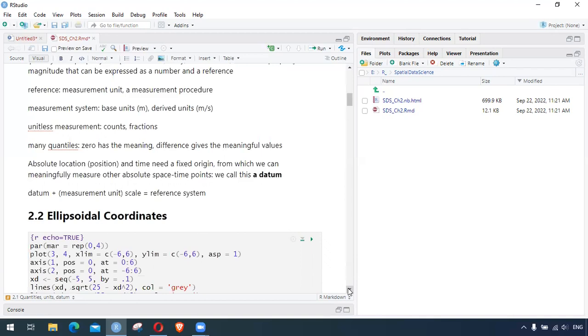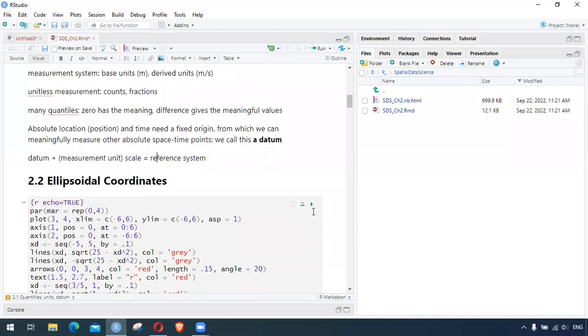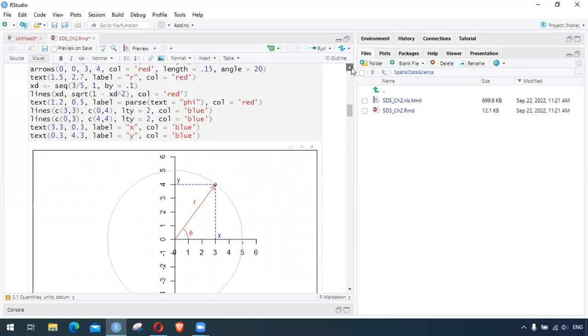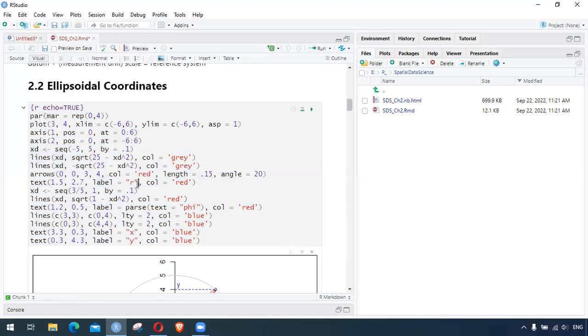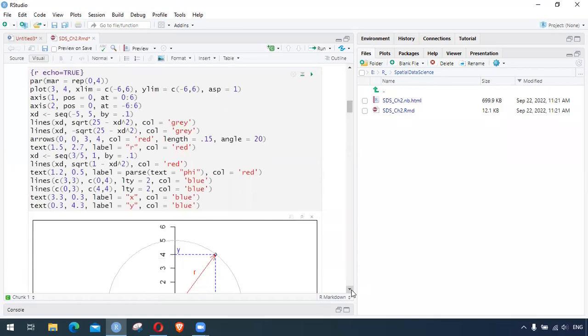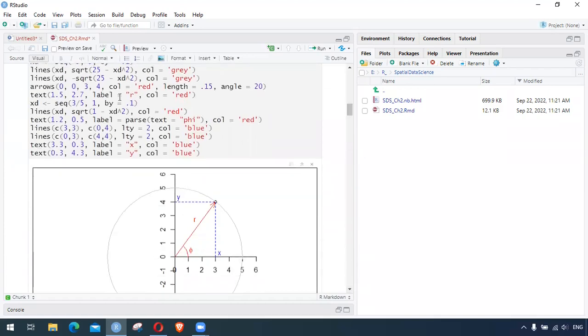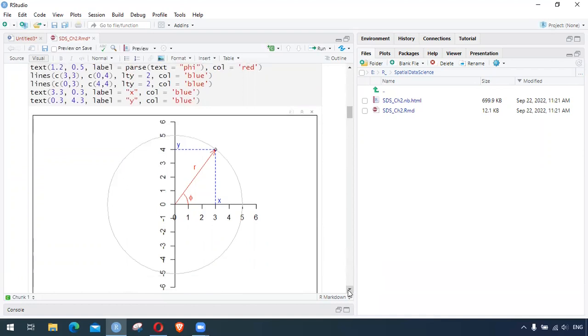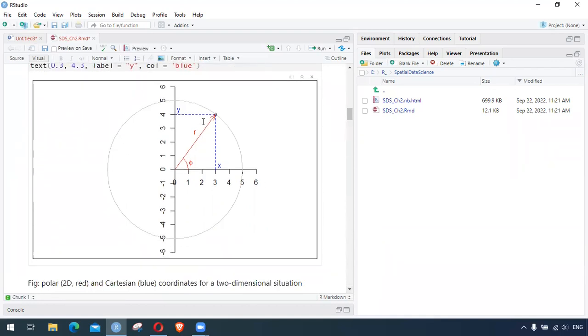Then we have the ellipsoidal coordinates in 2.2. So there is some code. We can surely go inside the code and see line by line what each line is doing, but that is not the objective here. We can try doing this in some other context, but this code generates this circle and some X and Y lines with numbers, and some points are shown.